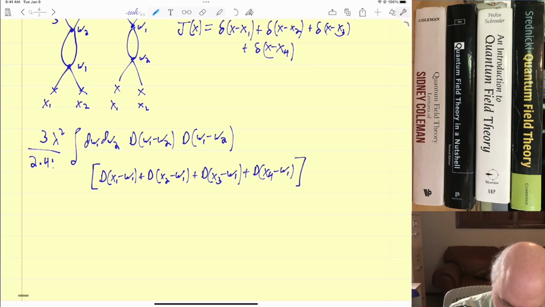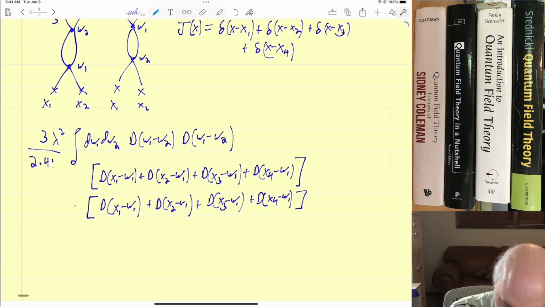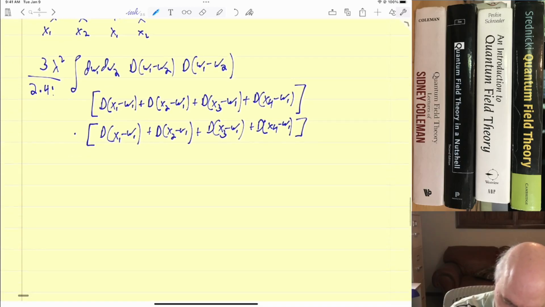That's like one term. Then we're going to get the same term repeated, and these are all multiplied. Now we get two terms where we have W2 instead.